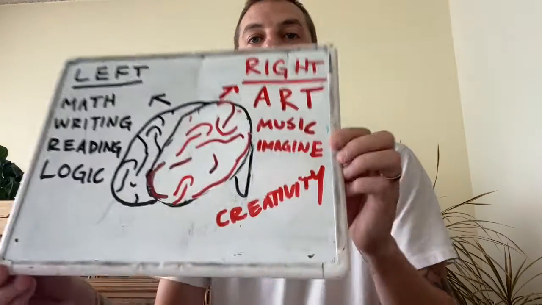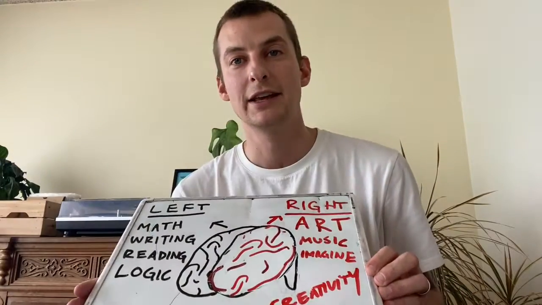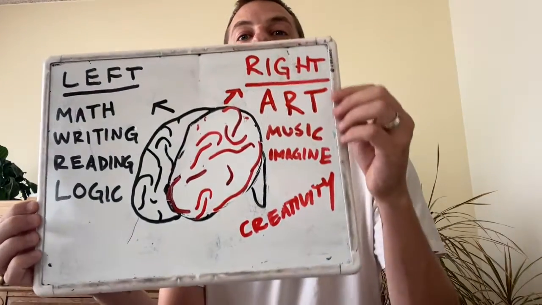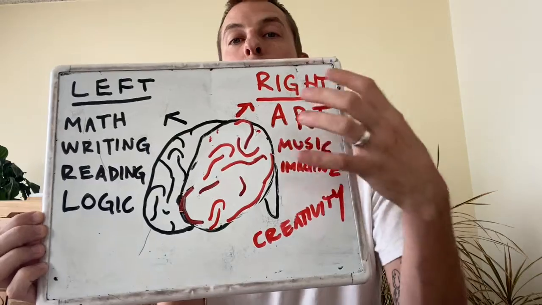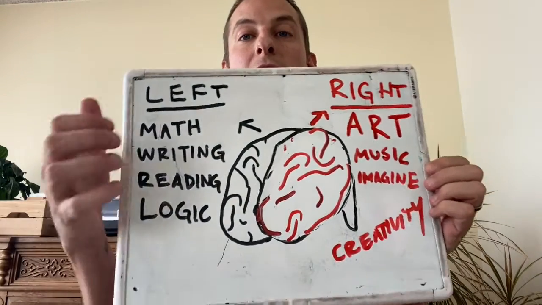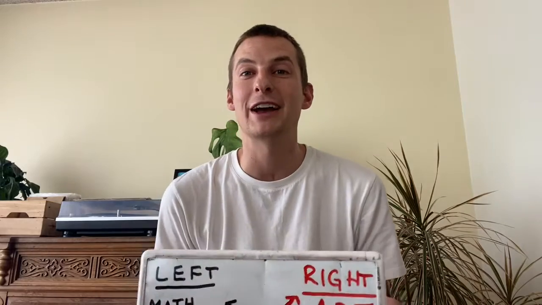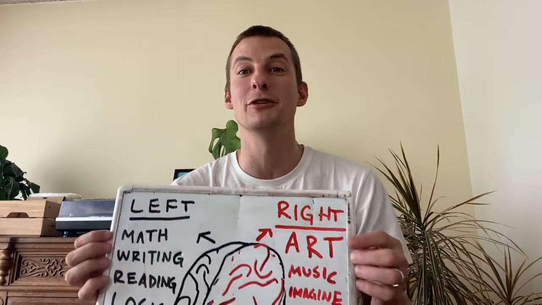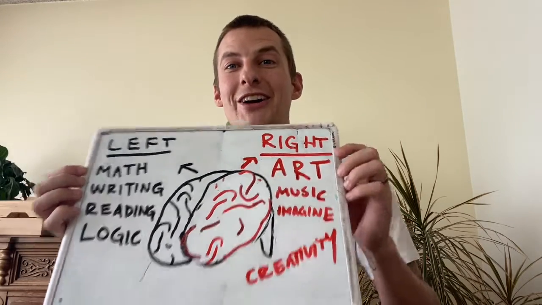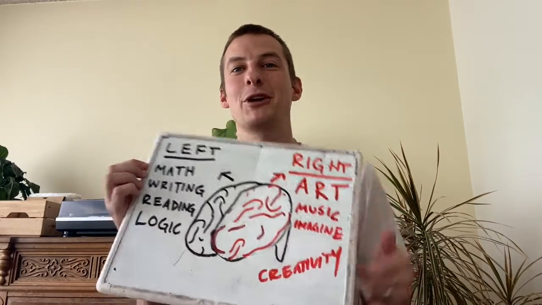Things that you imagine, and your creativity. So those are all things that are going on in the right-hand side of your brain as opposed to the left-hand side. So today, all of the exercises that I have prepared for you, we're gonna be using the right-hand side of our brain, right? Since we are in art class. So let's take a look at those exercises now.